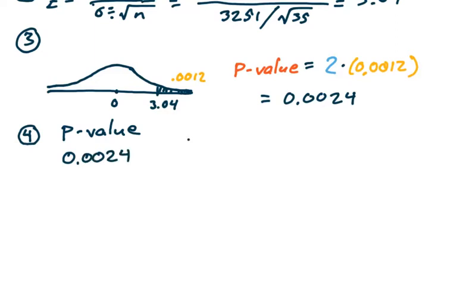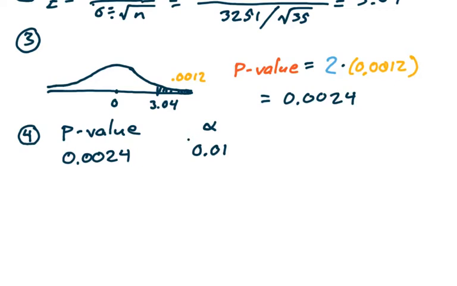We're going to look at how this compares to alpha. And that was 0.01. Okay? So, what is the relationship between these?